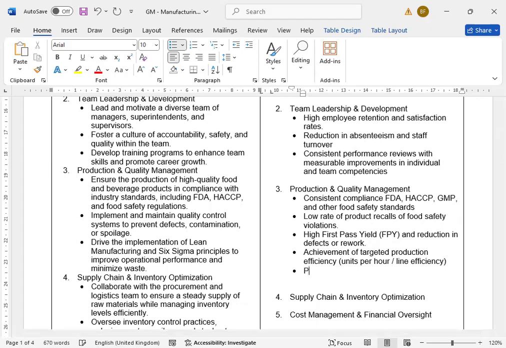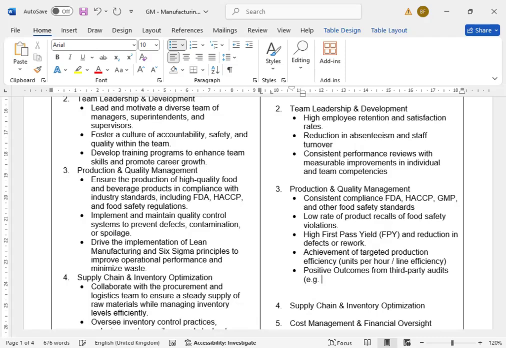Okay, so another one is positive outcomes from third party audits. For example, SQF or ISO 22000.